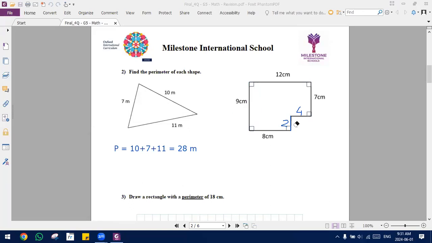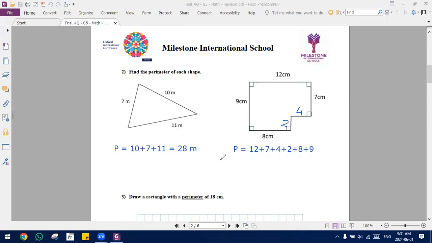Okay, now we can do the perimeter. Now we have all the sides. Let's solve to find the perimeter. So we write P is equal to, now let me start from up and then go clockwise so I don't miss any value. 12 plus 7 plus 4 plus 2 plus 8 plus 9.